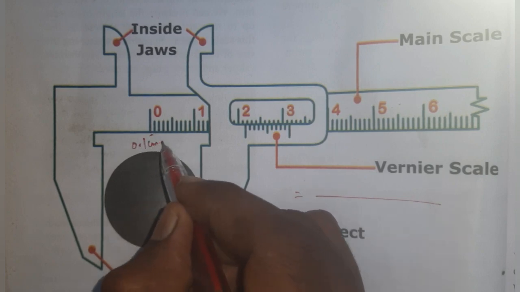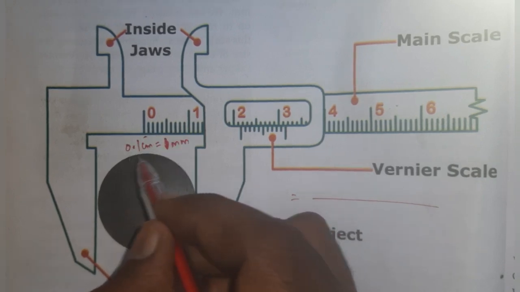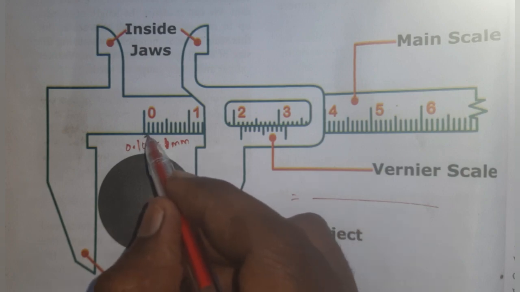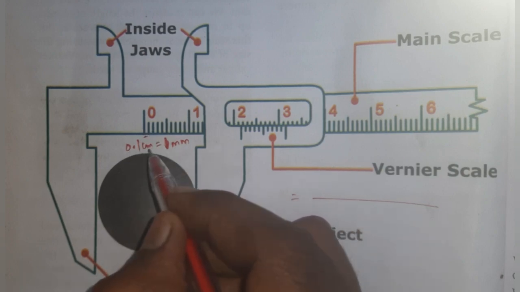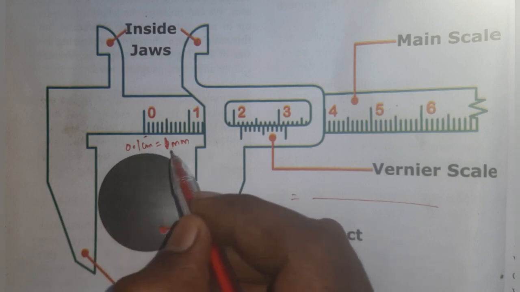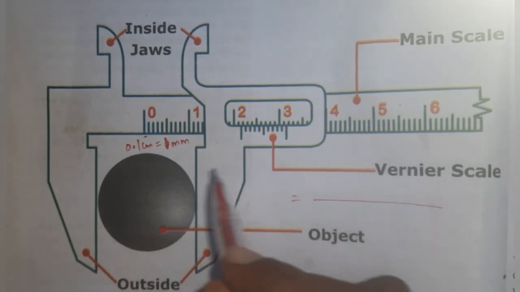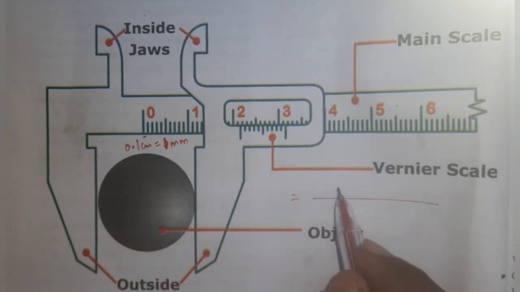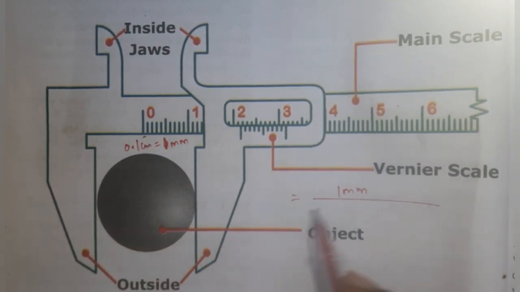This 0.1 centimeter is 1 millimeter. So the value of one smallest main scale division is 1 millimeter.